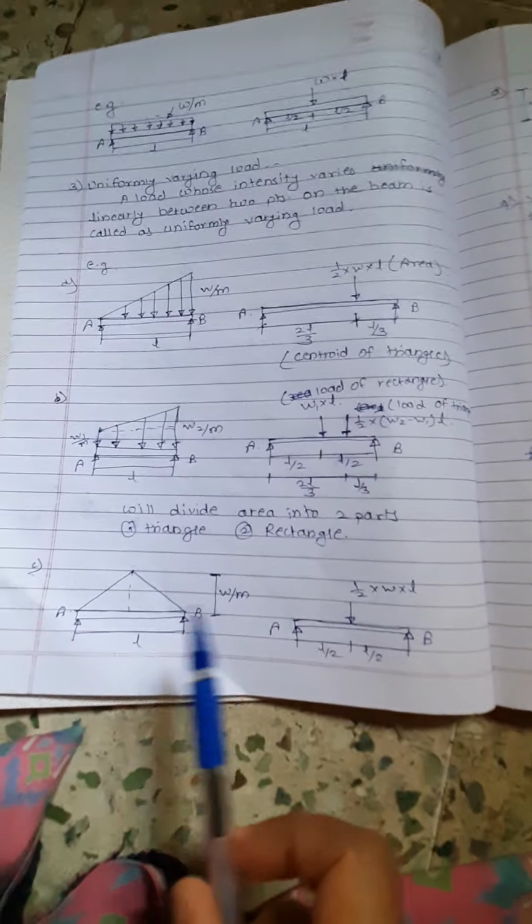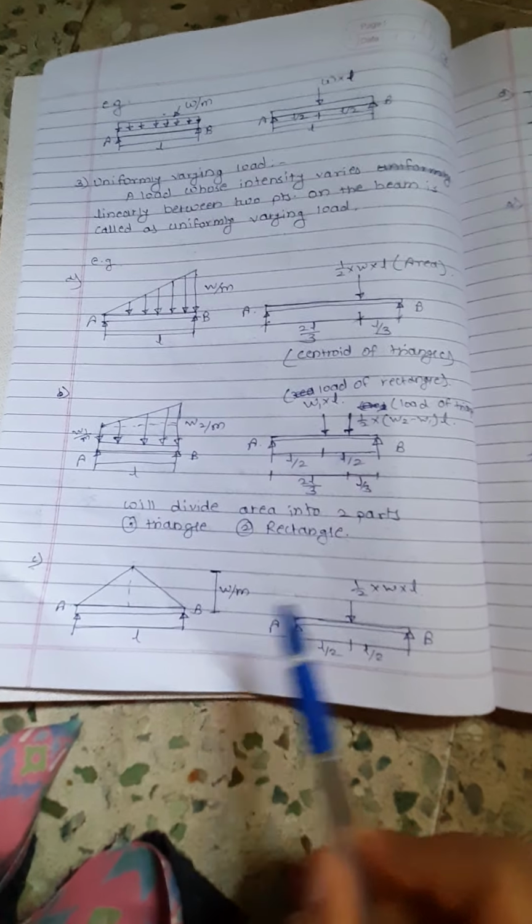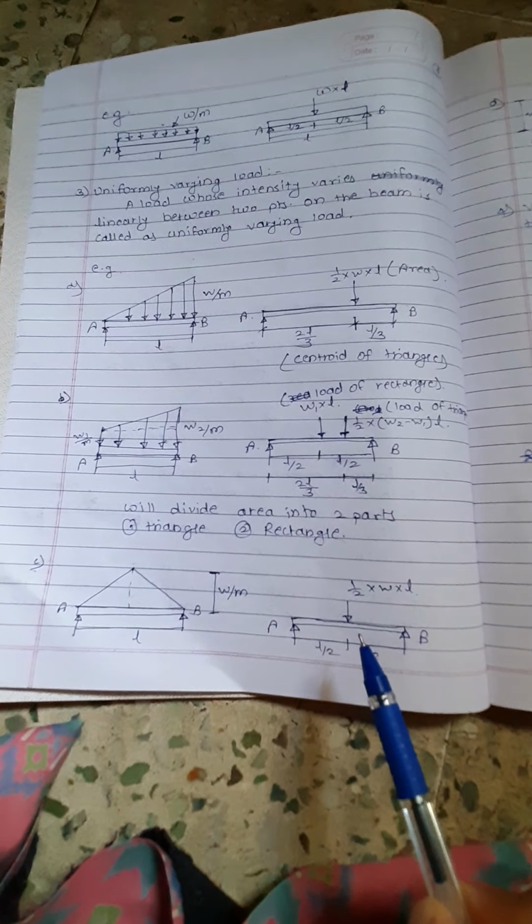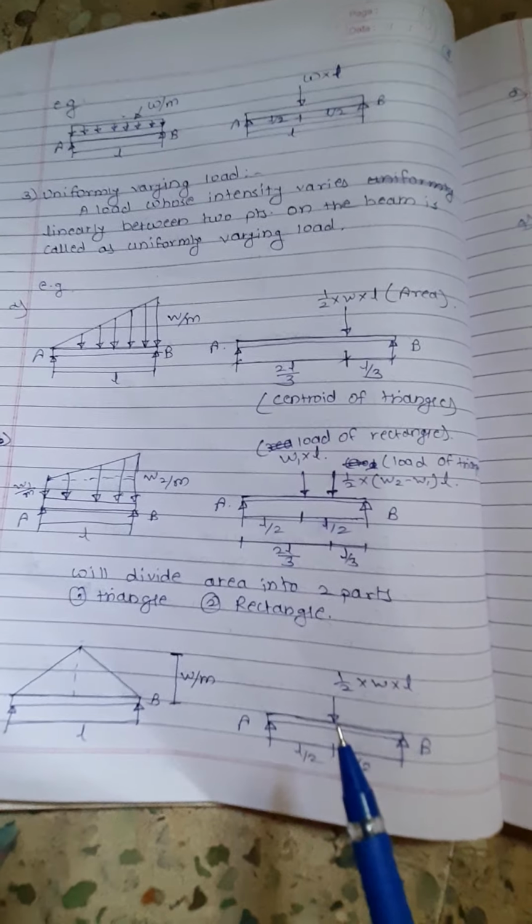Now the next is, for this type of triangle, the reaction will act exactly at the center and the magnitude will be 1 by 2 into W into L.